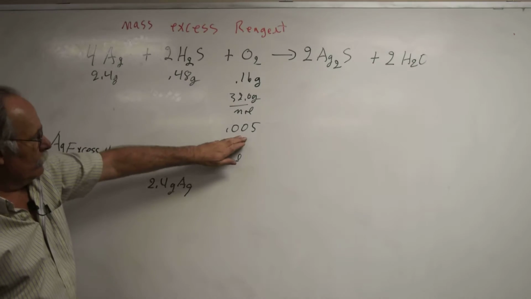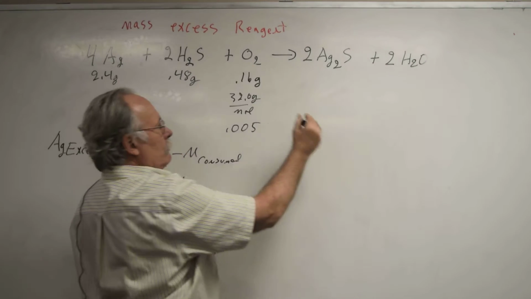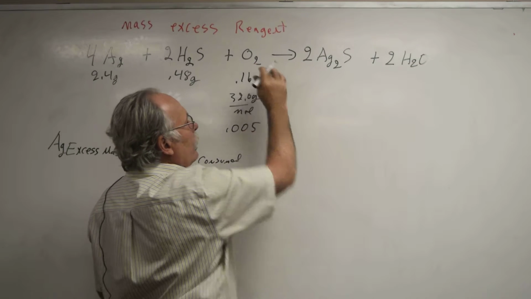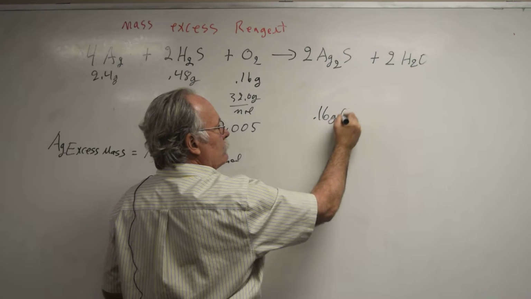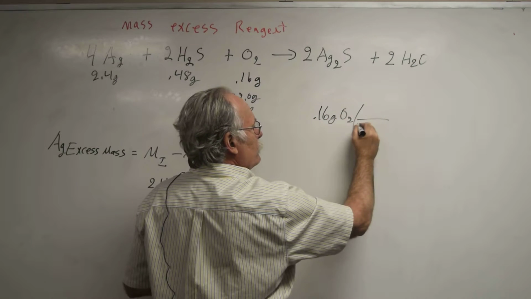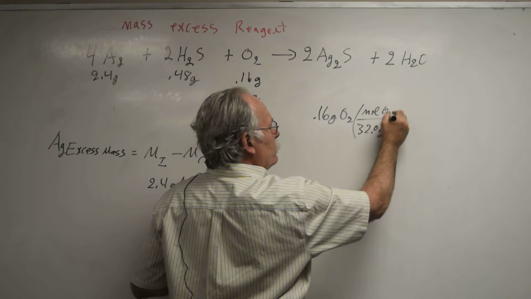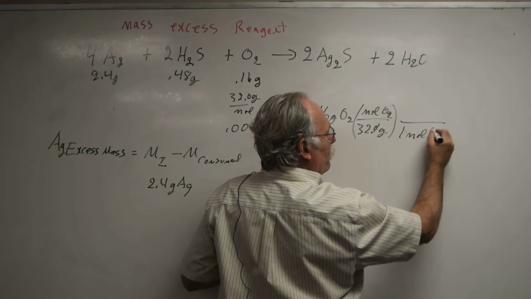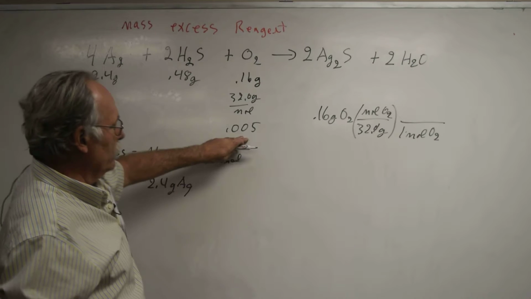Now, this number 0.005 represents up to the stoichiometric step the consumption of the limiting reagent. That is, I started with 0.16 grams of O2. I knew that it was 32.0 grams per mole of O2. And then I divided by 1 mole of O2, the coefficient, and that number was the smallest. This is the limiting reagent.